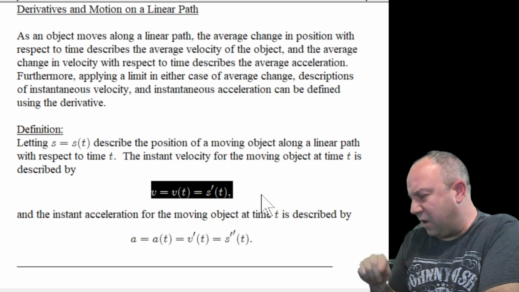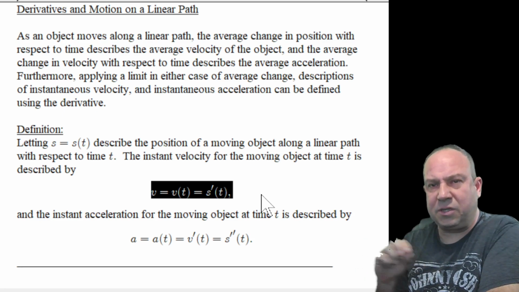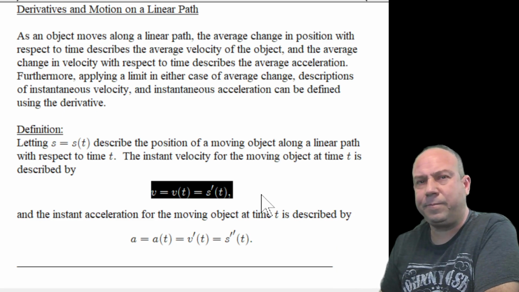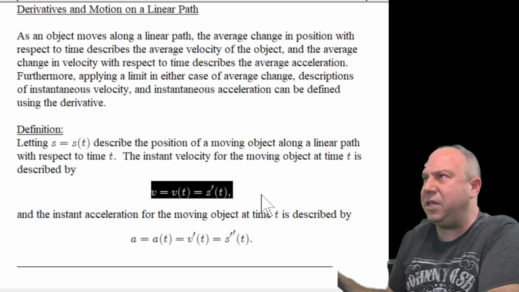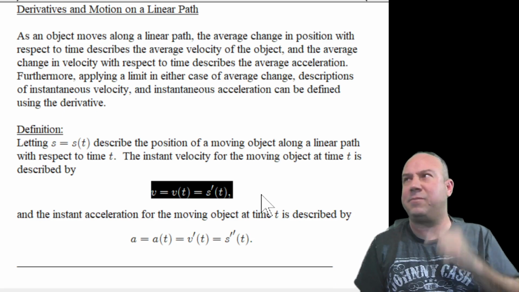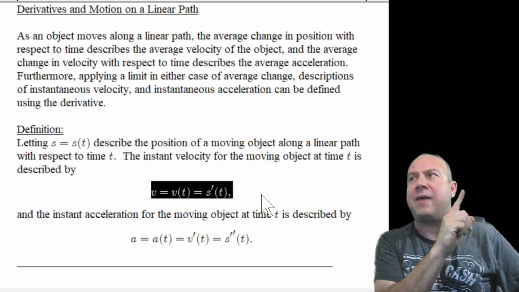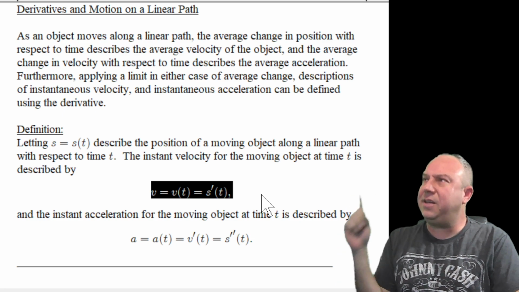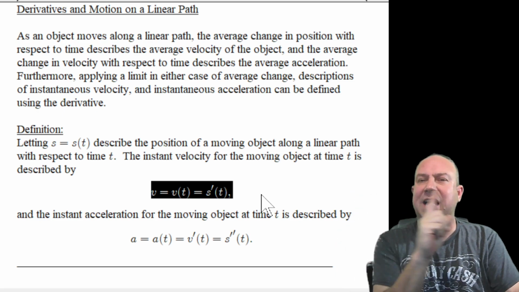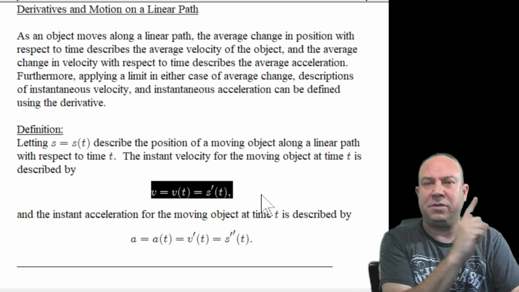We obtain a function that describes velocity with respect to time, where at any given time t, we can use s of t to describe the object's position along that linear path. And we can use v of t to describe the object's velocity when it's at that particular position.